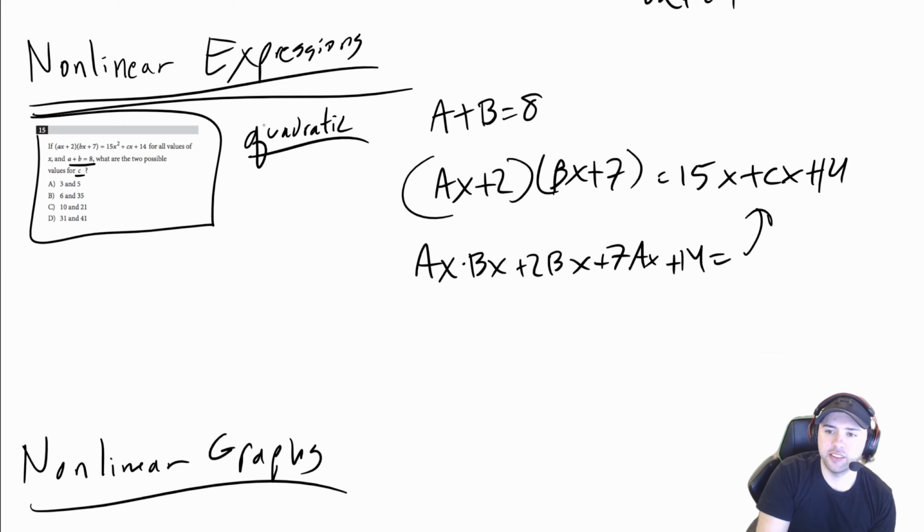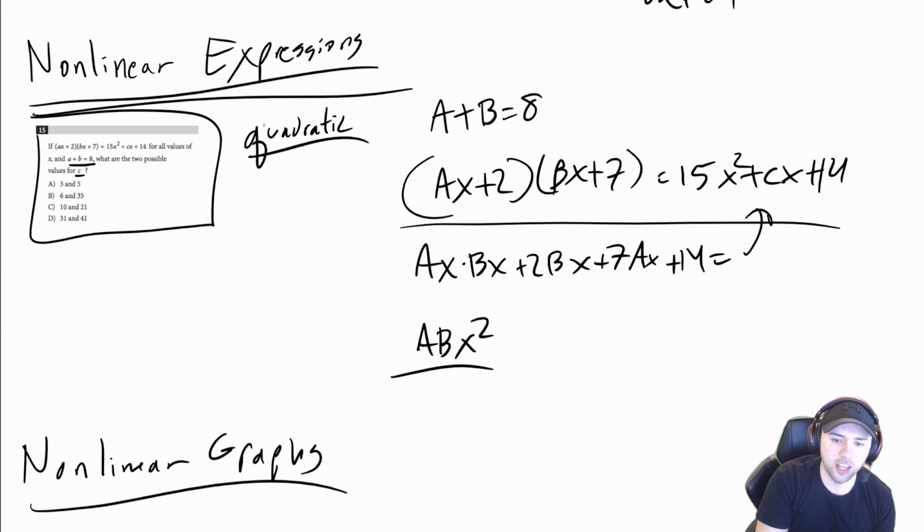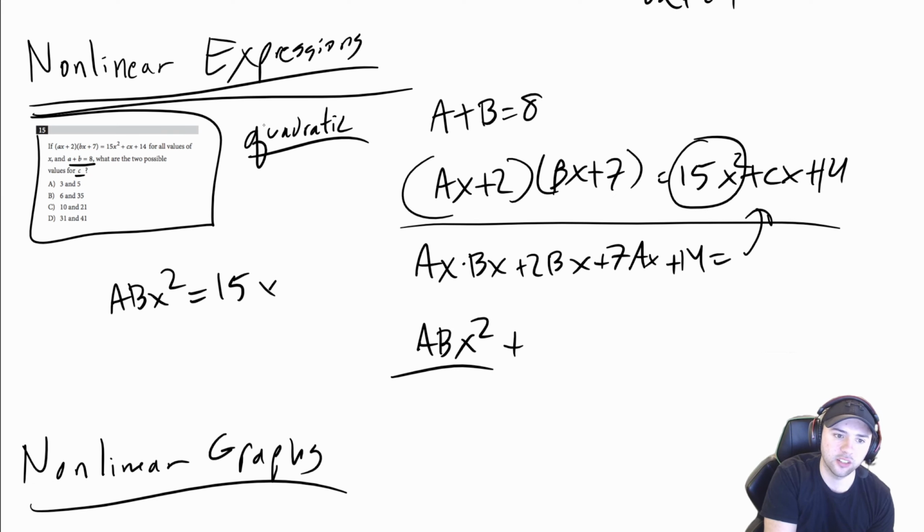And because this is equal, we can actually take out the parts that have, for example, the x squared term, meaning this abx squared is going to be the same thing as this 15x squared. So we can say abx squared is going to be the same thing as 15x squared. Because of this equal sign here, we're allowed to do this. And if that doesn't make sense, please review quadratics. So we can say a times b must be equal to 15.